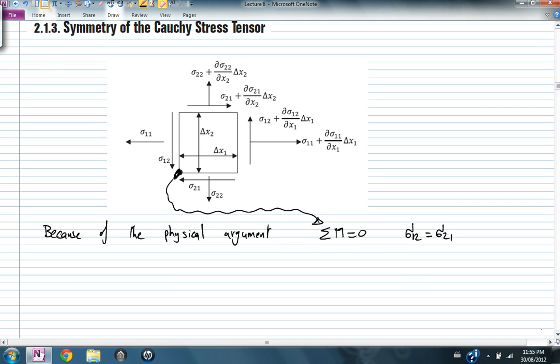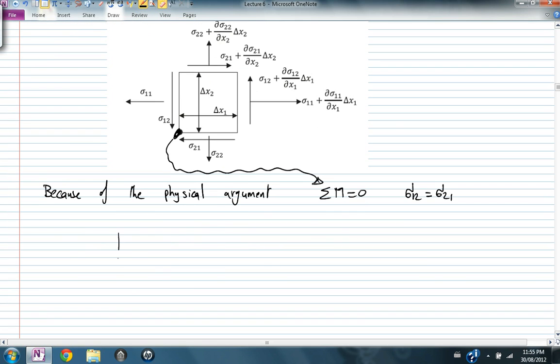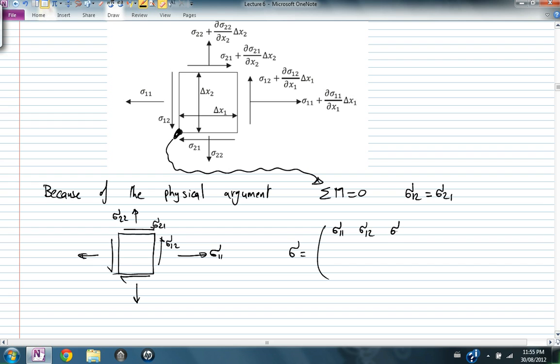which means that the stress matrix, this is sigma 1, 2, this is sigma 2, 1, this is sigma 1, 1, sigma 2, 2. The stress matrix is in fact a symmetric matrix, so if I put here sigma 1, 1, sigma 1, 2, and sigma 1, 3, I can actually put here sigma 1, 2, sigma 2, 2, sigma 2, 3, and sigma 1, 3, sigma 2, 3.